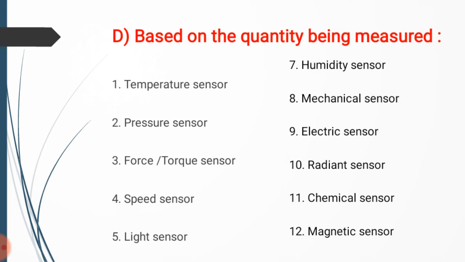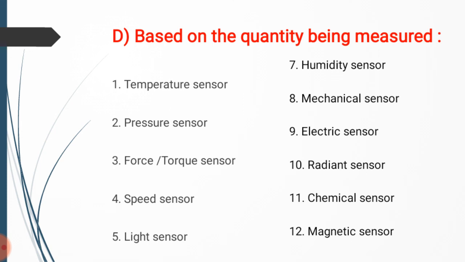Generally pyrometers and other such sensors come under the radiant sensor. Next is the chemical sensor. Chemical sensors are generally used in chemical laboratories for measurement of the concentration of a chemical, the rate of reaction, and the energy emitted from that reaction. For all those quantities we use the chemical sensor.